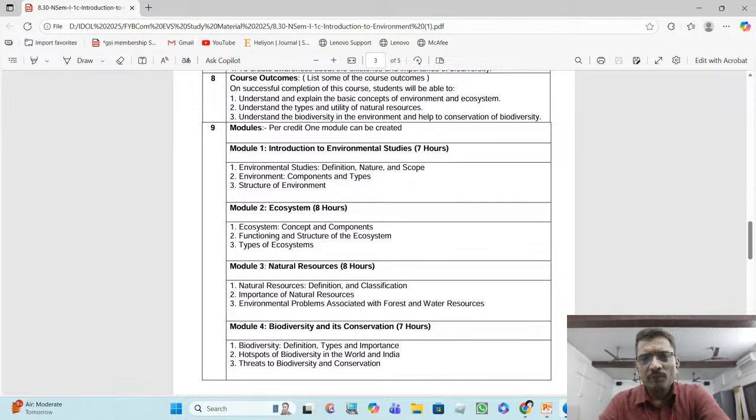We will also be discussing components of environment. As far as the natural environment is concerned, it has 3 major kinds of components.